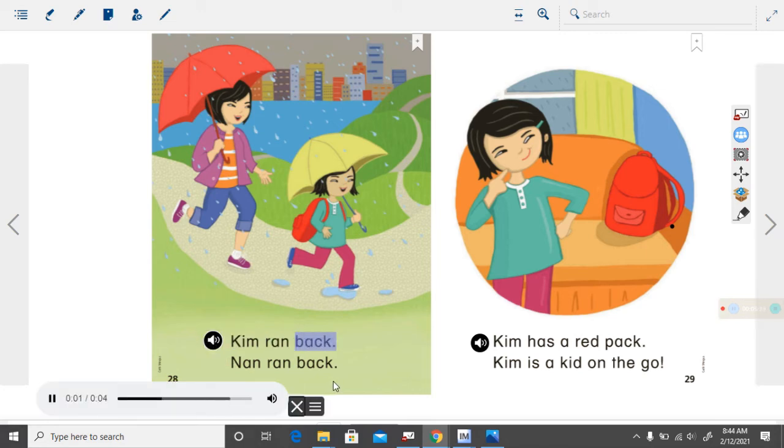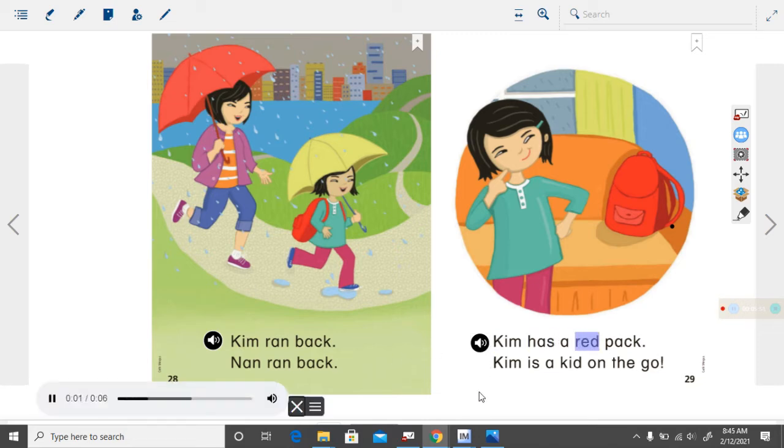Kim ran back. Nan ran back. How many sentences are on that page? Kim ran back. There's a period. That's one sentence. Nan ran back. There's another period. That's two.